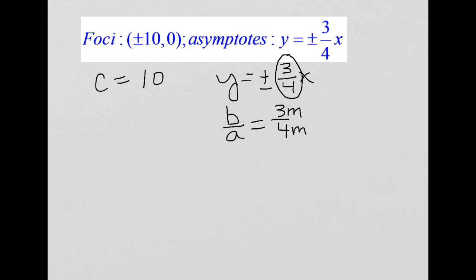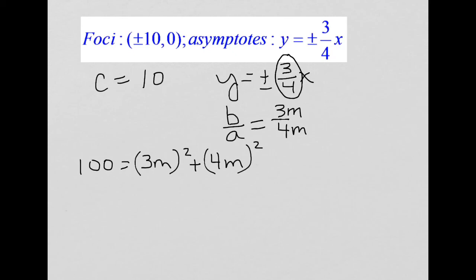Well, we know a squared plus b squared equals c squared, so that's 100 equals 3m squared, what we said b was, plus 4m squared, what we said a was.